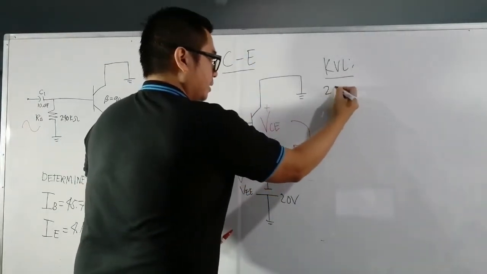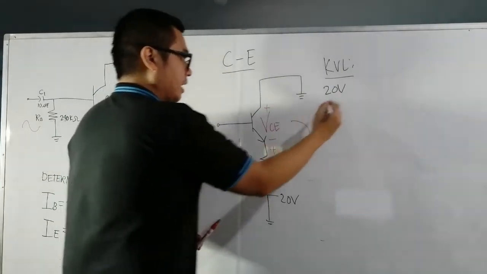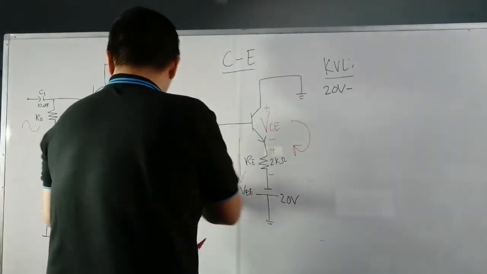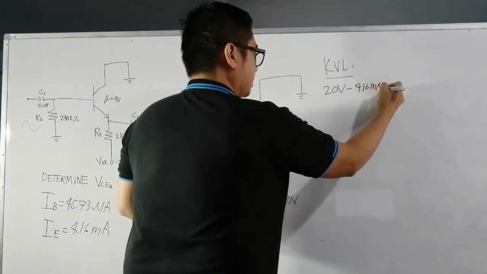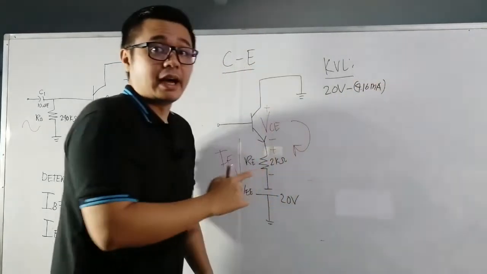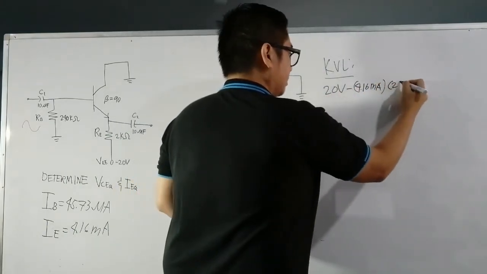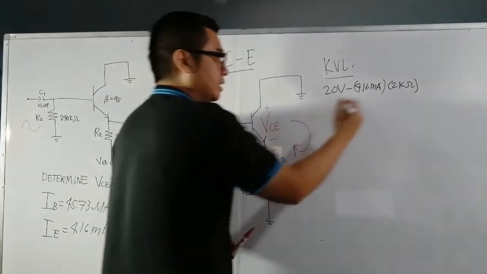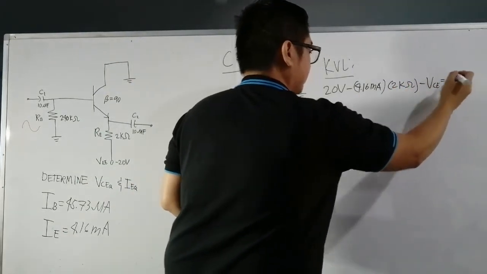So this is positive 20 volts. So idirekta na natin yung mga given natin. This is minus IE times RE. IE is solved as 4.16 milliamperes. Yan yung IE natin. Multiply natin sa R sub E, which is equal to 2 kilo ohms, minus VCE. Minus VCE is equal to 0 volt.